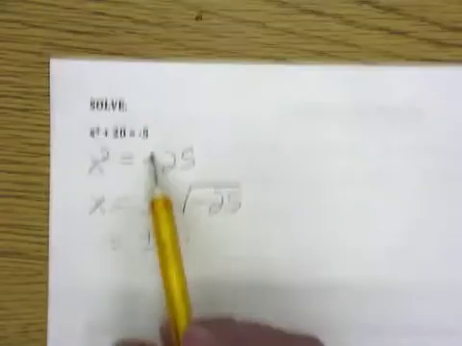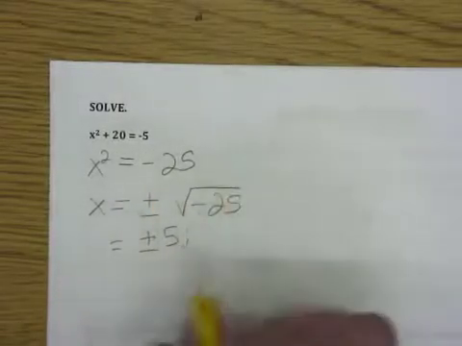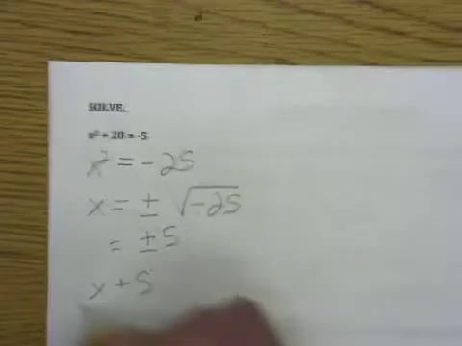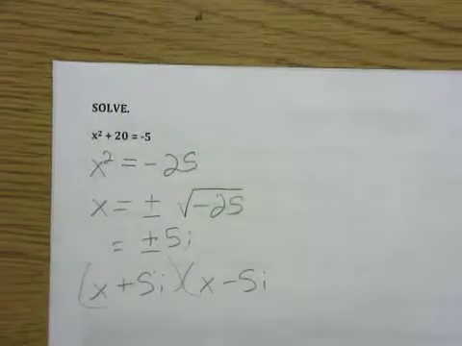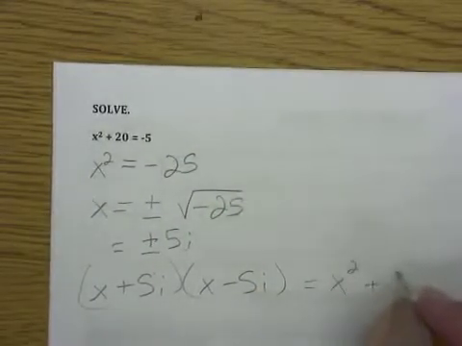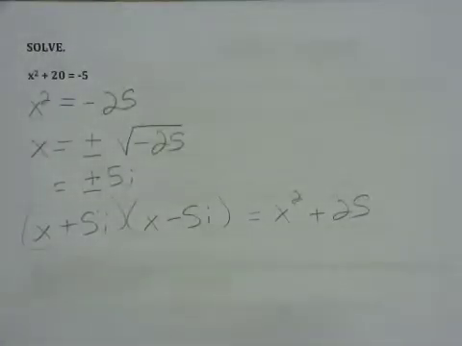And so if I take this into consideration with these examples that we just did, we can realize that this equation can be expressed in a factored form. It could be expressed as x plus 5i times x minus 5i. That's the same thing as x squared plus 25.